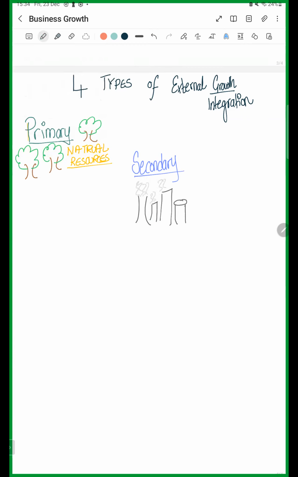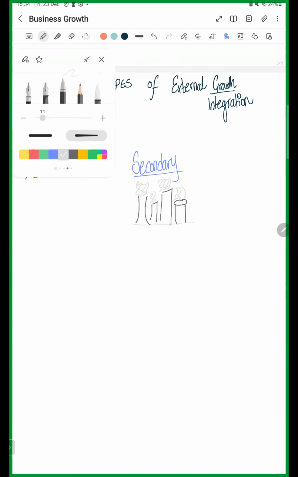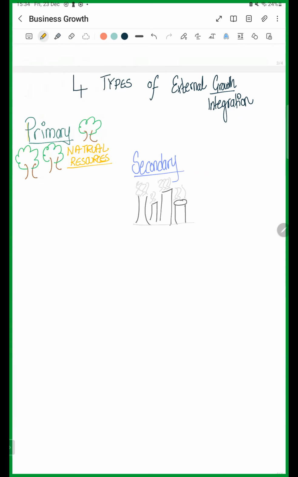For example, this could be mostly the factories, right? So let's say we took wheat crops from the farm in the primary sector, and in our factory we used machinery, and we manufactured and made flour. You get it? Manufacturing, production. You could call it any names, all right?